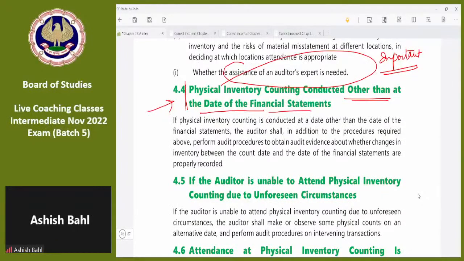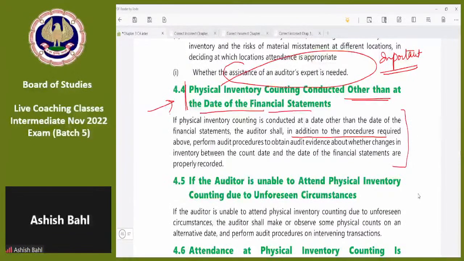It is not that he has totally foregone this procedure. He attends the counting at some other date, say 15 days after the closing of the financial statements. Then he has to perform additional procedures.